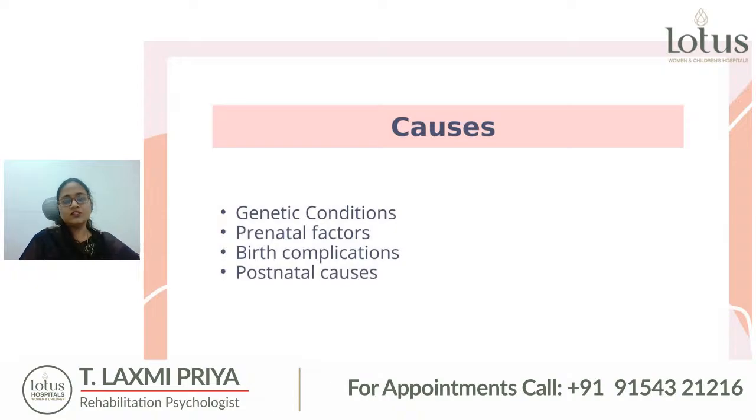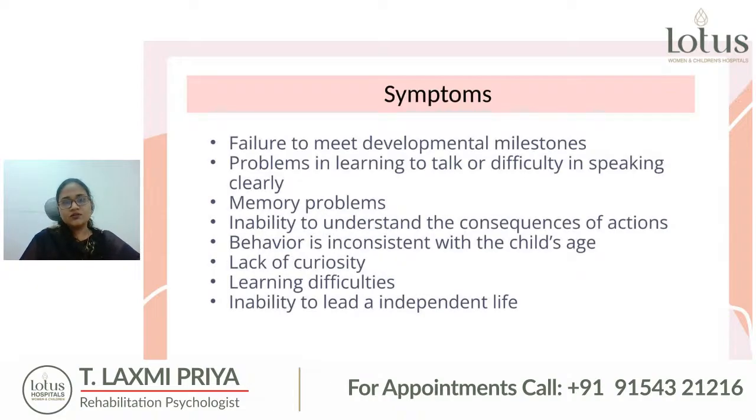So, what are the symptoms of ID? They have failure to meet developmental milestones, which include neck holding, sitting, crawling, walking, running, and speech. These milestones can be delayed from the expected age range, with problems learning to talk or difficulty speaking clearly.